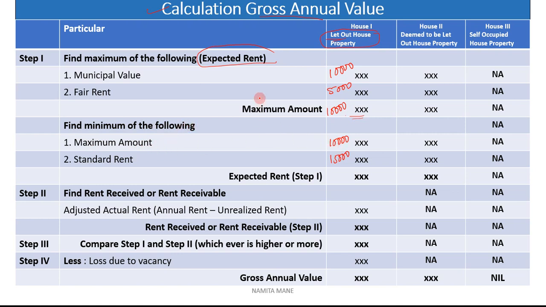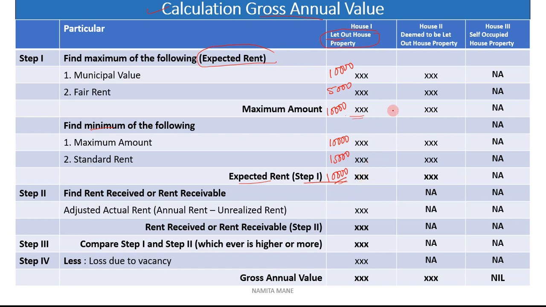From these two figures, identify which is minimum, which is less. The maximum amount is 10,000 and standard rent is 15,000, so 10,000 is minimum. So 10,000 is the expected rent. Step 1 gives us the expected rent.